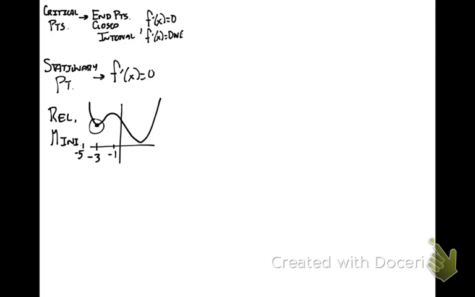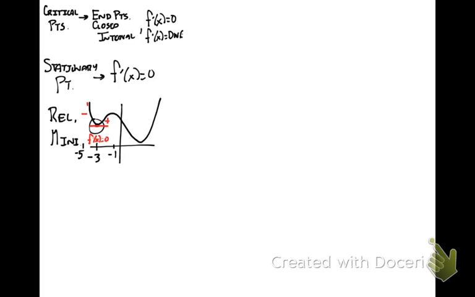The other thing to notice about what's happening at relative minimums, I'll illustrate the first part in red. At a relative minimum there will be a horizontal tangent, which means the derivative will equal 0, and the derivative has changed from being negative before it to positive after it, right?